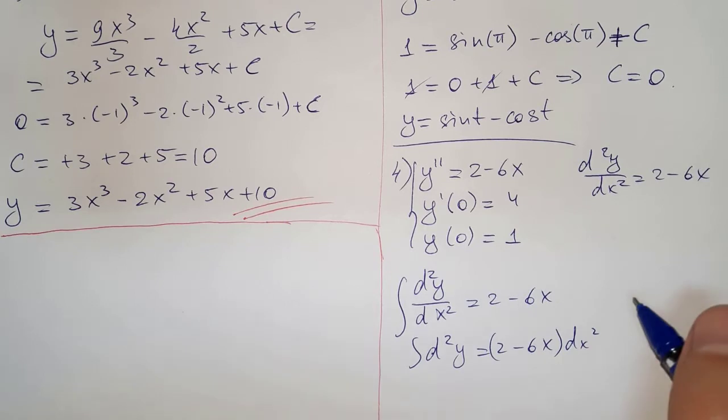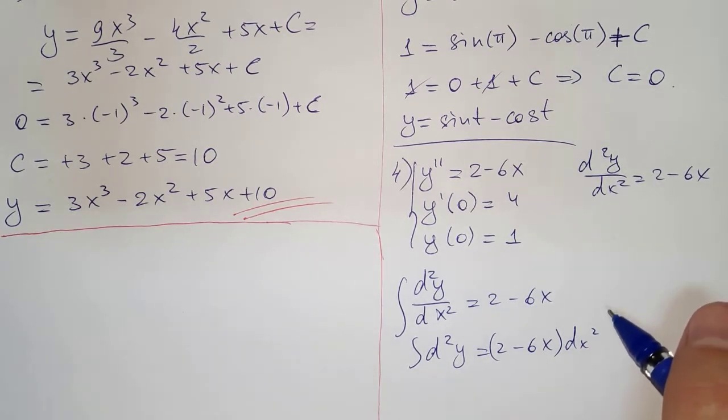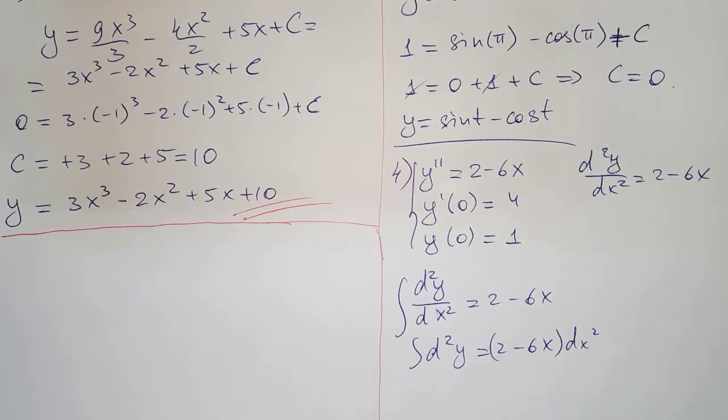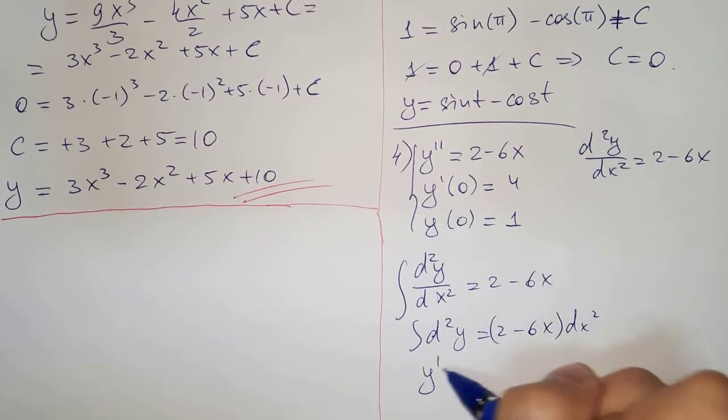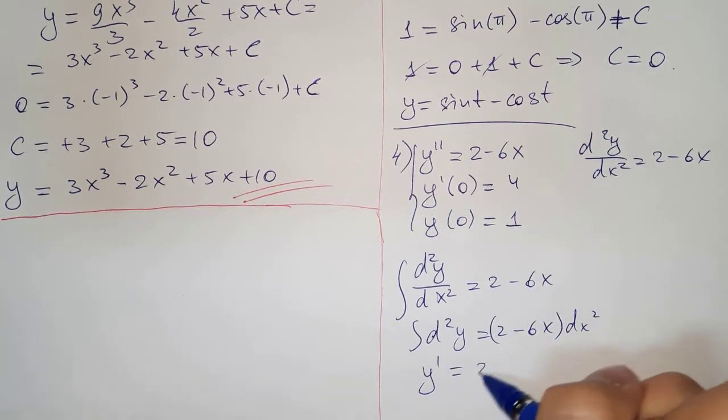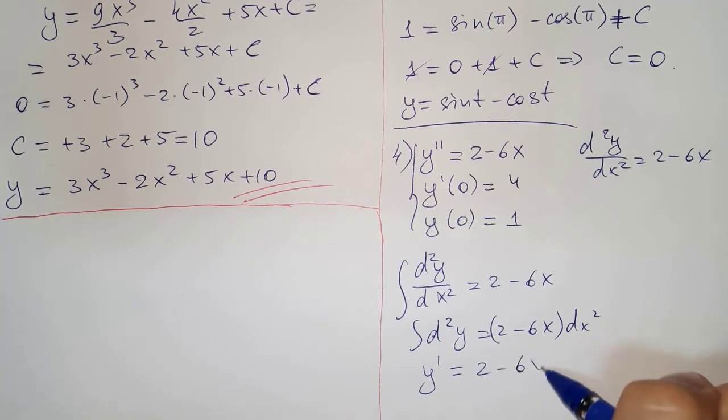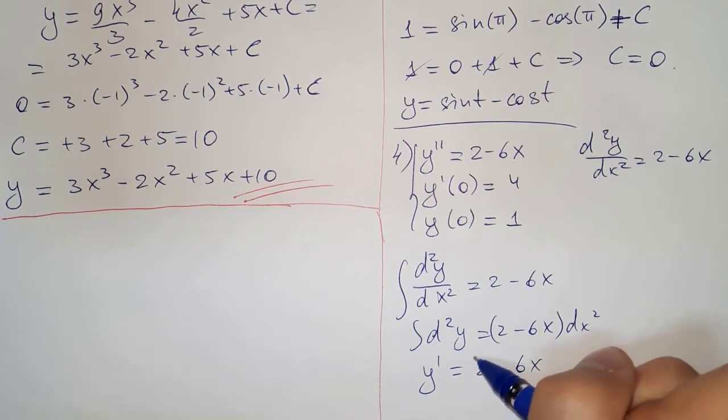Here we can find firstly the first order derivative. So y prime equals the integral of 2 minus 6x dx.